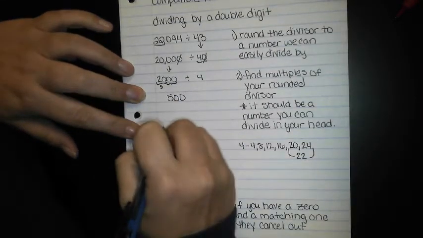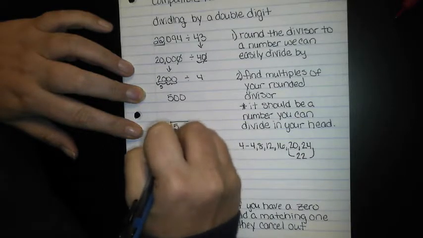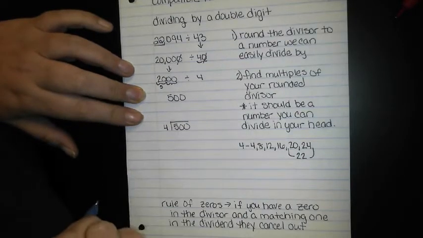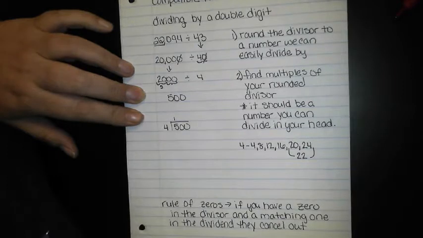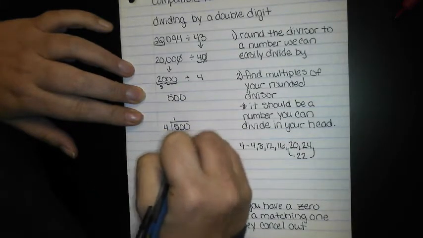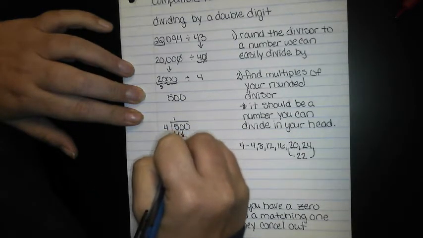So let's go back and double check with normal division. 4 goes into 5 one time, giving us a 4 with 1 left over.